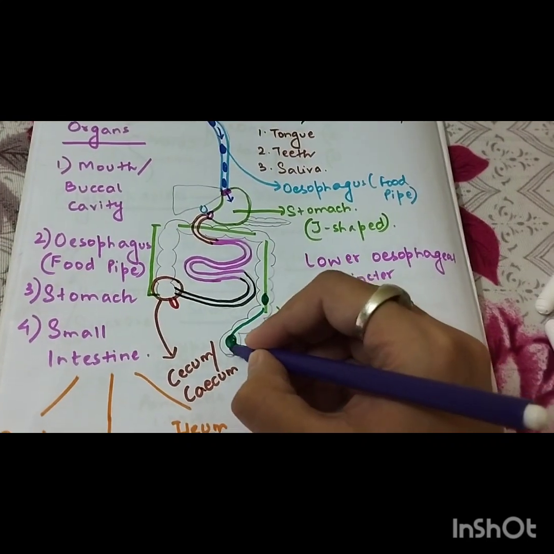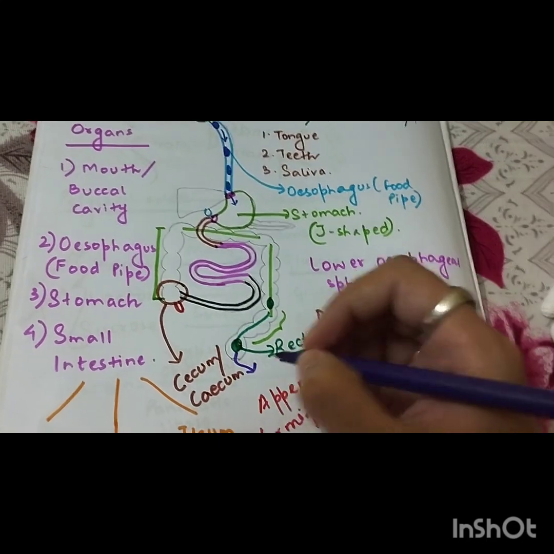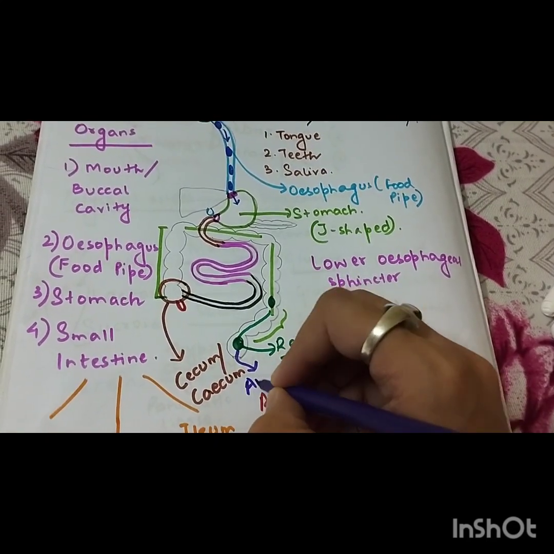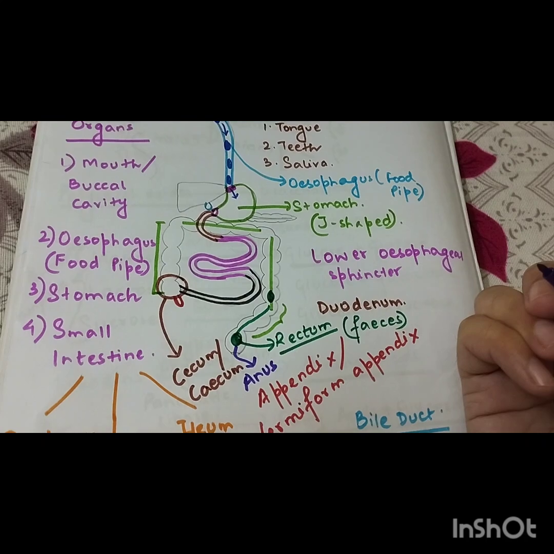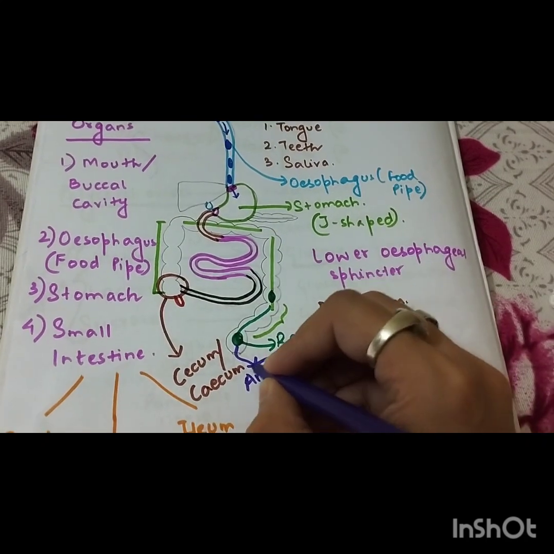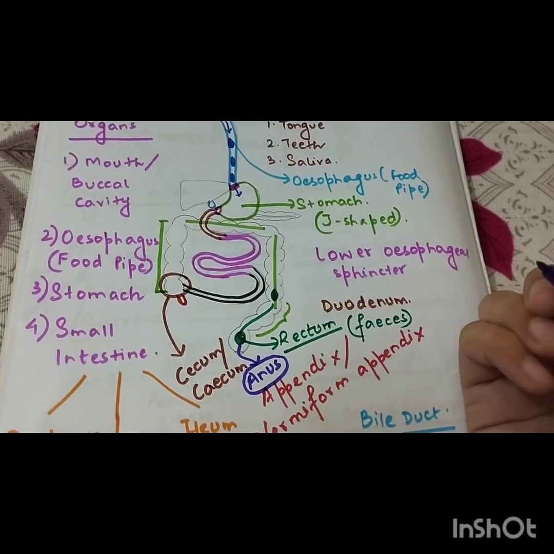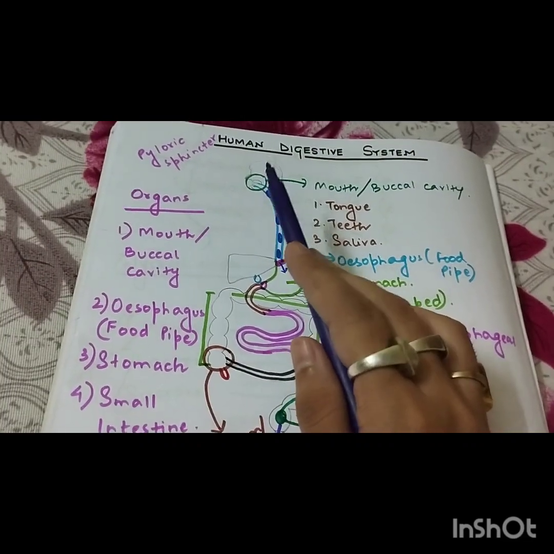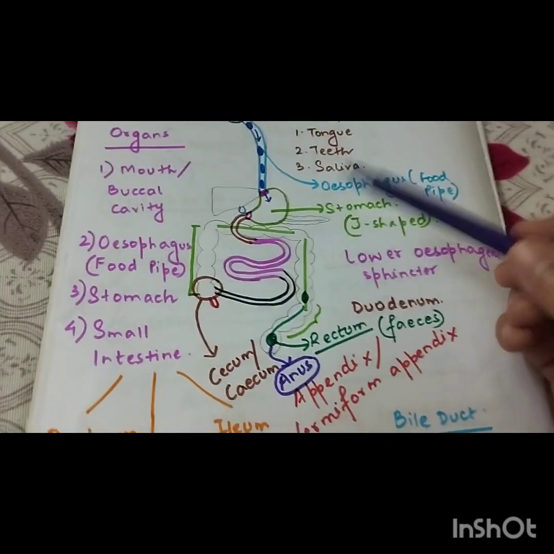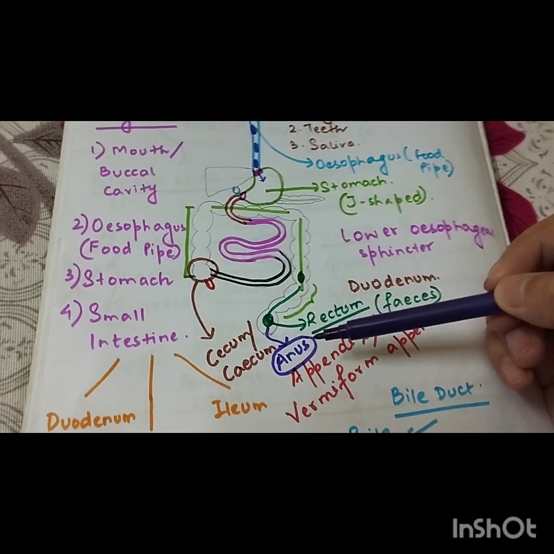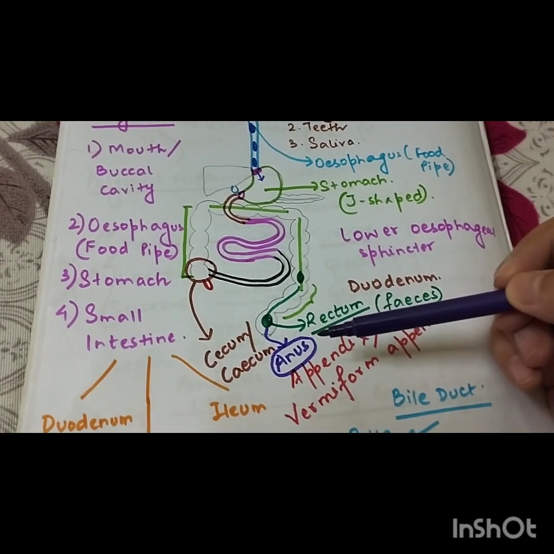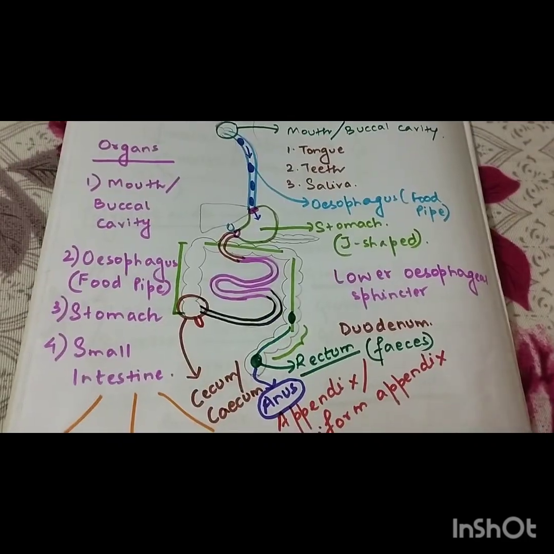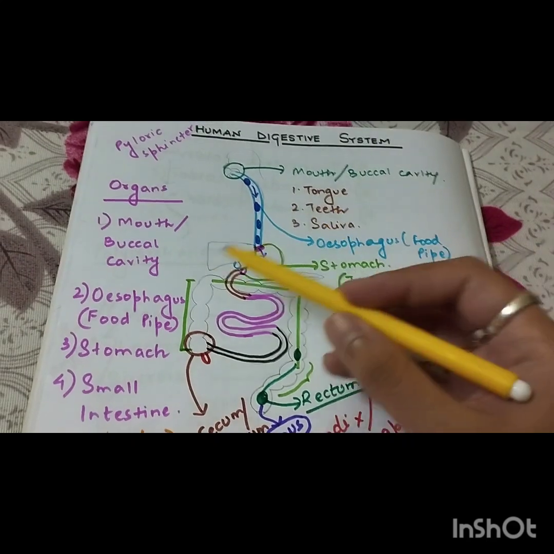Then it comes out through the exit point of the digestive system, known as the anus. Anus is the last point of the digestive system, and the mouth acts as the first point or entry point, whereas the anus acts as the exit point. So we have ended with the full digestive system.